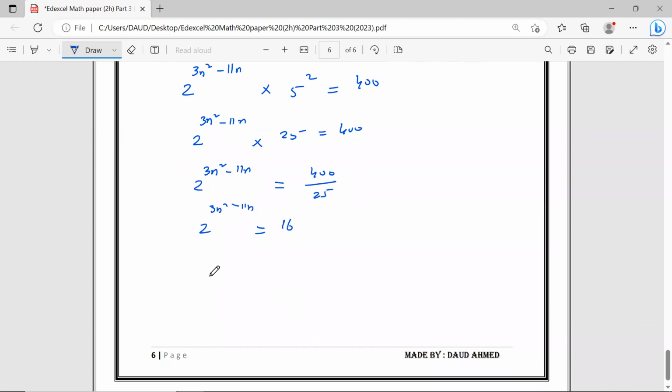2 power 3n squared minus 11n is equal to 16, and 16 is a power of 2. So 3n squared minus 11n is equal to 2 power 4, that gives us 16. Now the bases are the same, we can say that 3n squared minus 11n is equal to 4, or 3n squared minus 11n minus 4 is equal to 0.